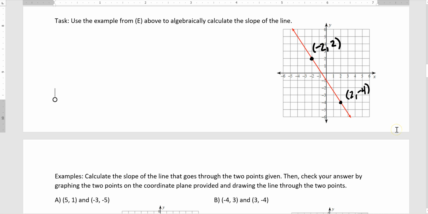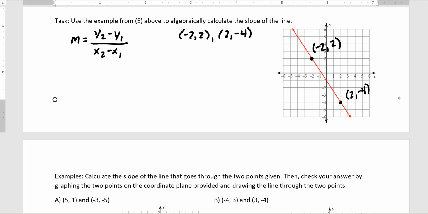This is where we're going to use our slope formula: m equals y2 minus y1 over x2 minus x1. We have the points -2, 2 and 2, -4. We're going to say this is x1, y1, and this is x2, y2. Those are our 2 points.